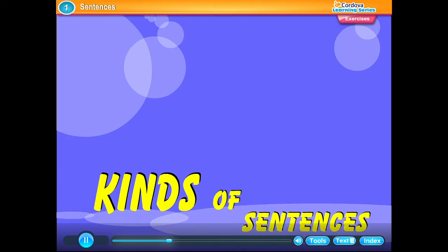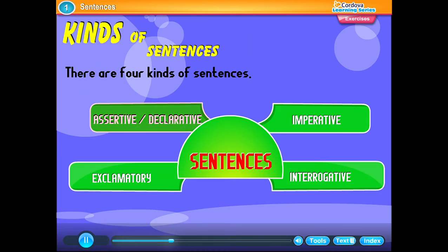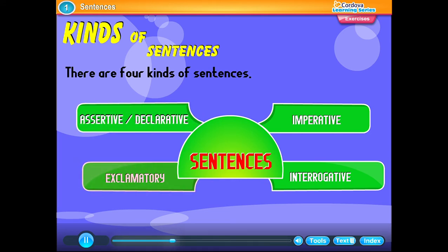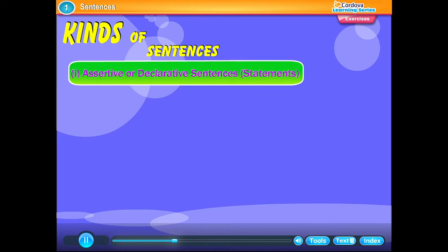Kinds of sentences. There are 4 kinds of sentences: assertive or declarative, exclamatory, imperative, interrogative. Assertive or declarative sentences. Statements.